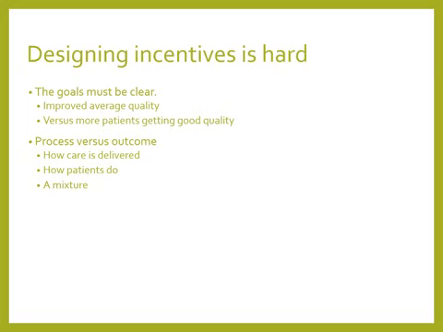We want the best quality for our patients. We want our patients to be healthy, we want our patients to be healed, and we want our patients to recover. Process versus outcomes: how care is delivered, how patients do, or a mixture of the two. We want lower case acuity for our patients who are in the hospital, and we want our patients with chronic illnesses to stop seeing the physician or whoever their primary care is every 2 days.